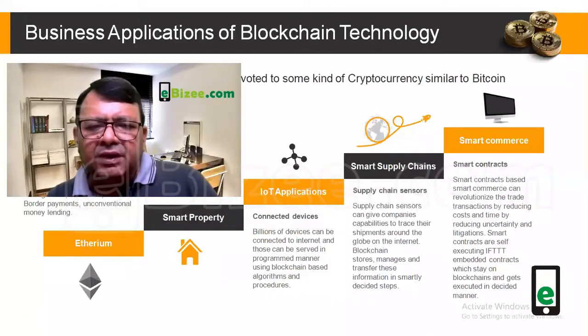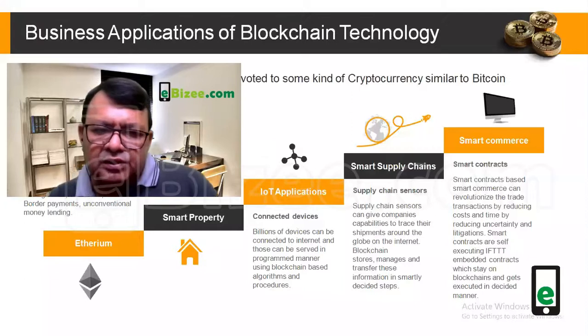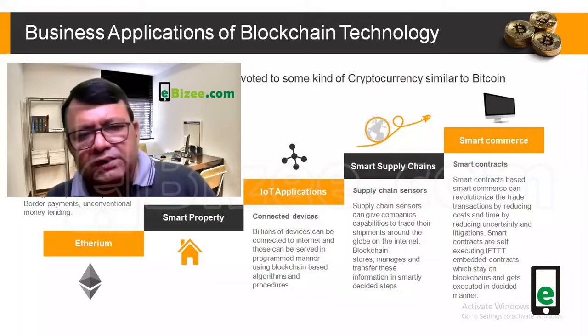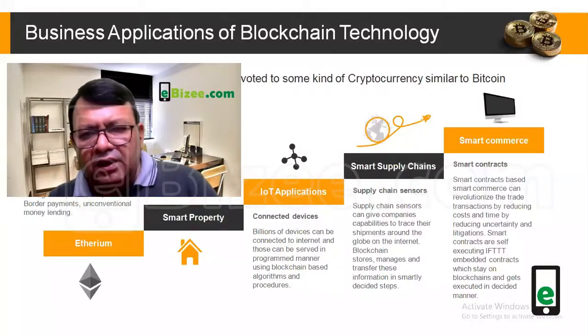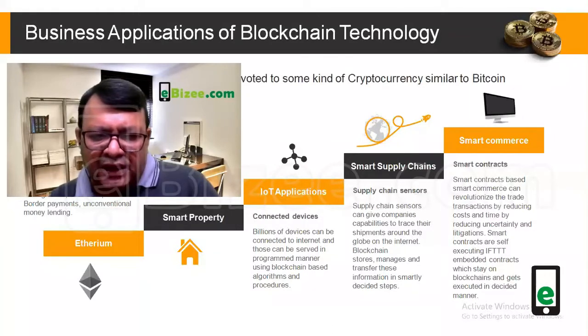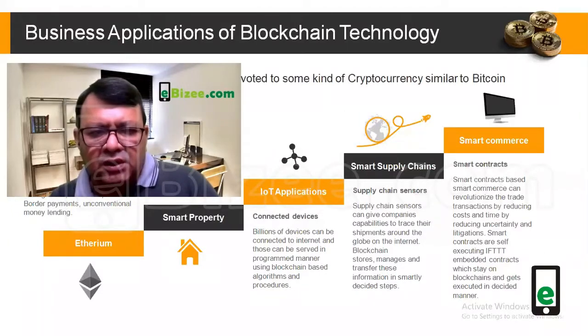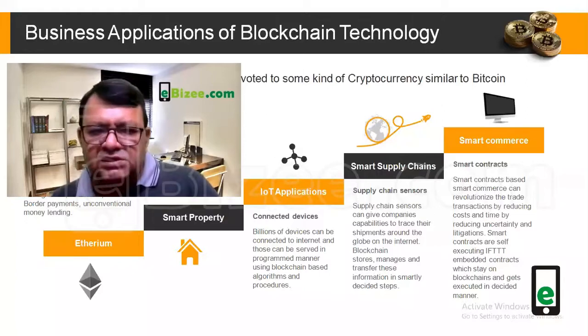Then finally, but not limited to these applications, we have smart commerce, which can be conducted through so-called smart contracts, wherein new applications like Ethereum-based cryptocurrencies are built. There are many other cryptocurrencies which are based on smart contracts and smart contracts based on these blockchains.